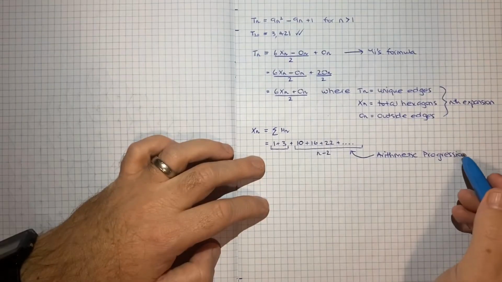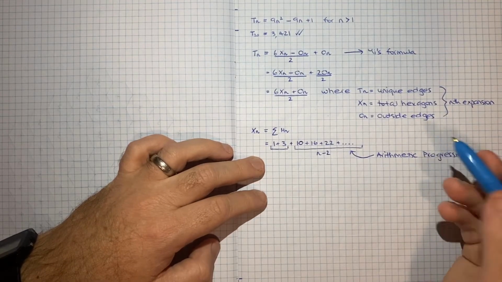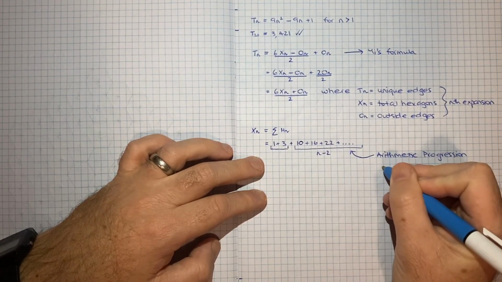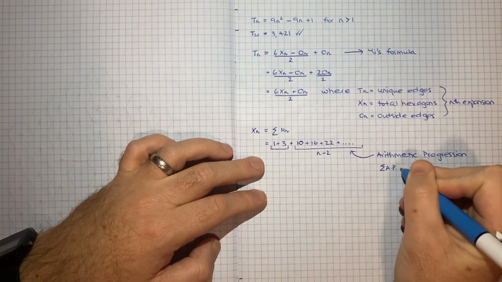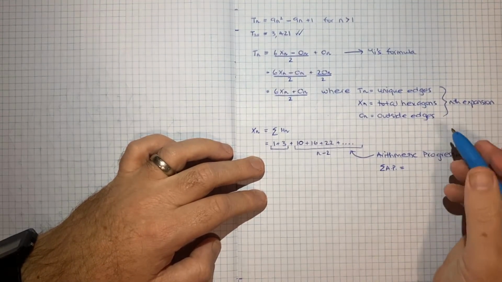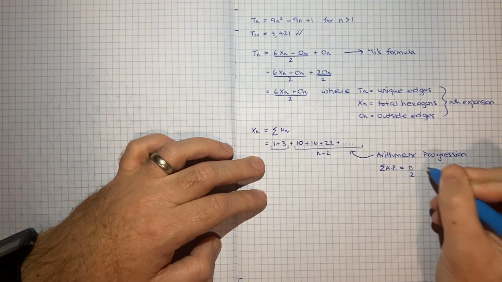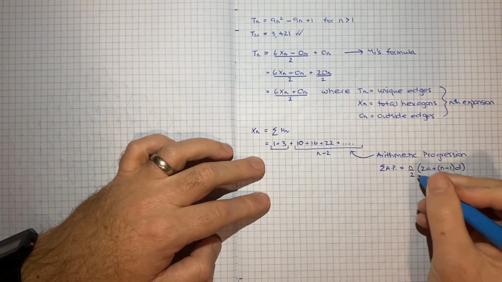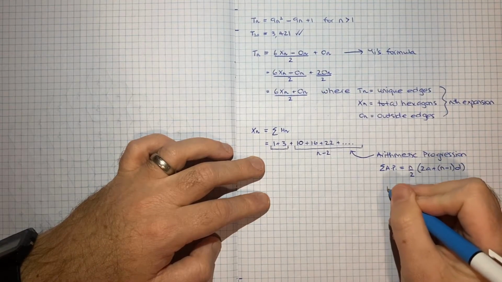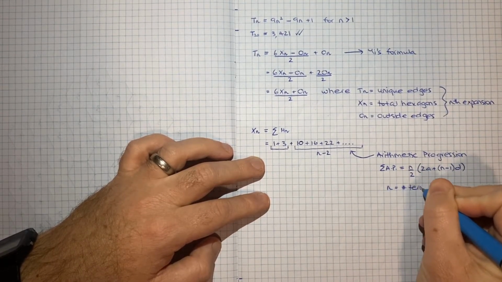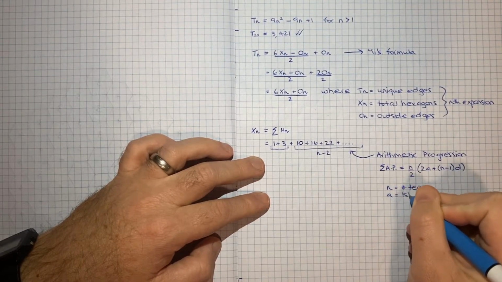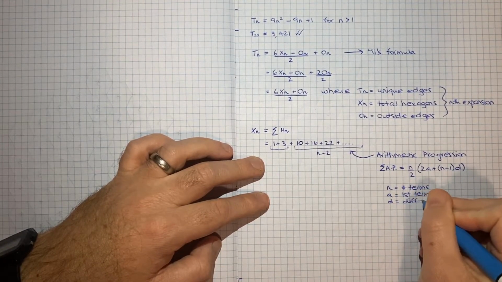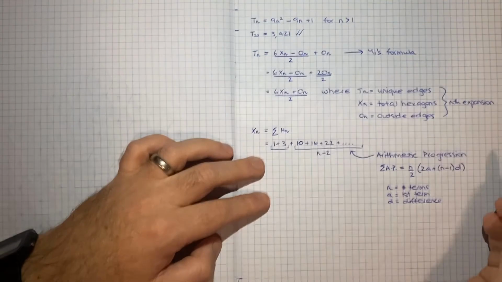The result in relation to arithmetic progressions that we can use is the fact that the sum of an arithmetic progression, I'll just call it the sum of an AP, or the result that you'd probably learn once you're in year 11 or 12, is that it's equal to n on 2 times 2a plus n minus 1d, where in this world, n is equal to the number of terms that we're adding up, a is equal to the first term, and d is, I guess you could call it the difference, the amount by which each term grows constantly.